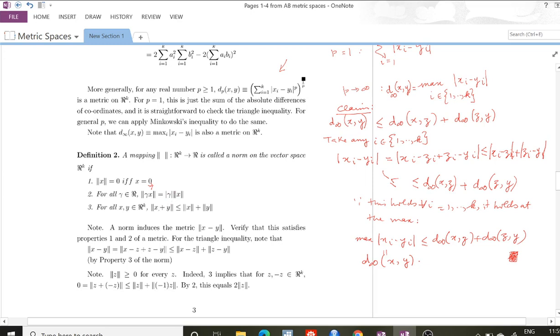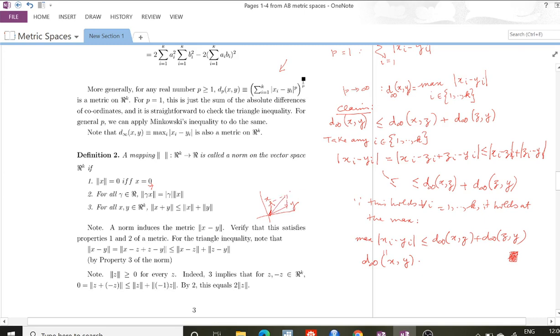And in terms of vectors, a norm satisfies this triangle inequality, that if you add up two vectors, so let me now take this vector space. I have a vector x, not to be confused with the point x in the metric space earlier, and a vector y, and I add these up.